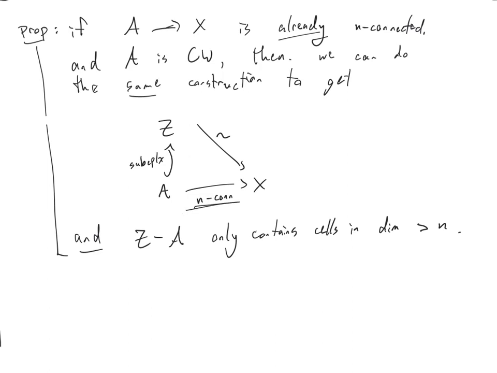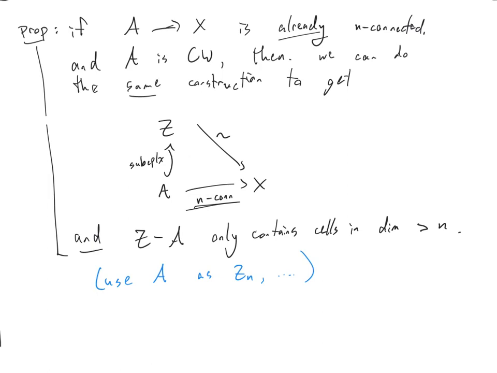You can use A as Z_n, and then you just keep doing the same proof, and you produce this Z by only attaching cells in degree n plus 1, n plus 2, etc.